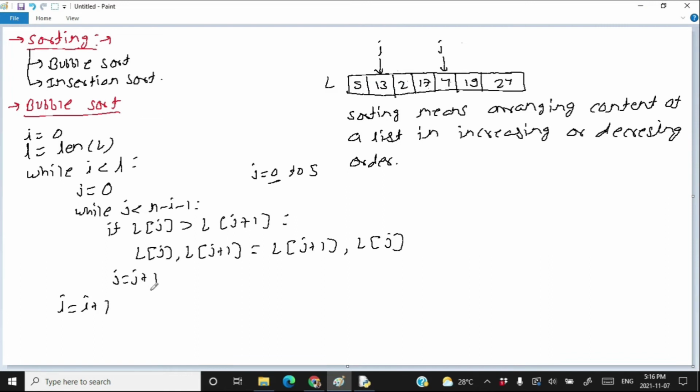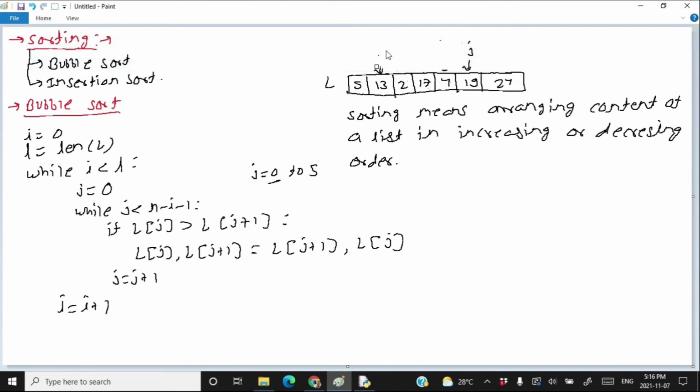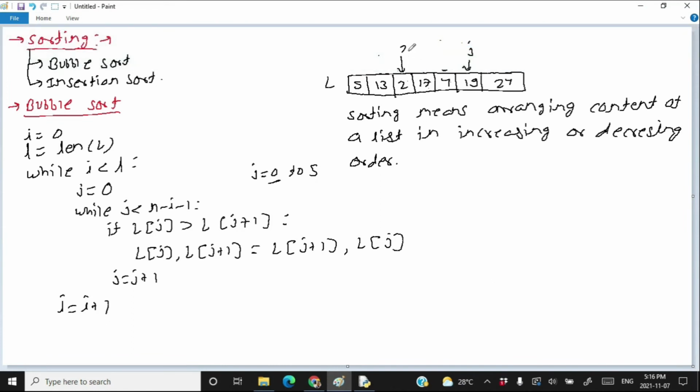If you increase the value of j, it will come to 5, and since j is not less than 5, the inner while loop will not execute, and its execution will come to an end for i equal to 1. Again you increase the value of i by 1 and put it at 2.